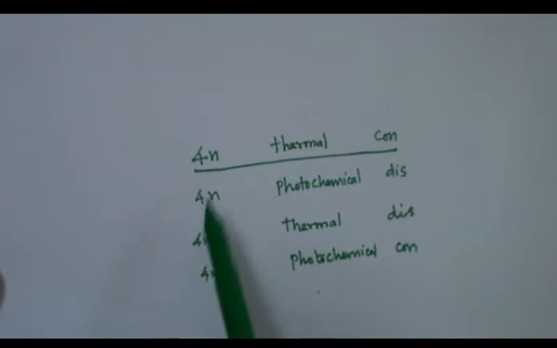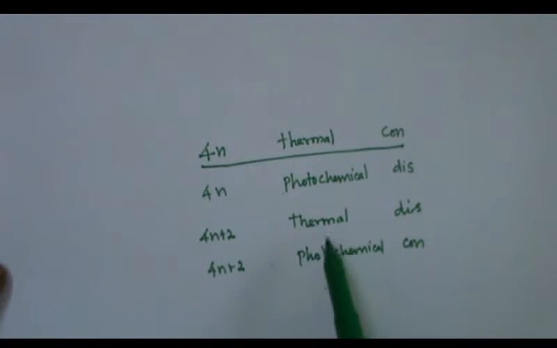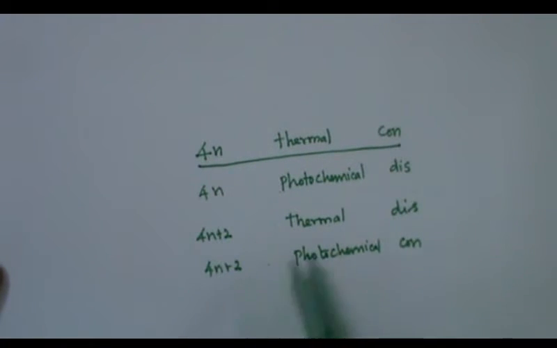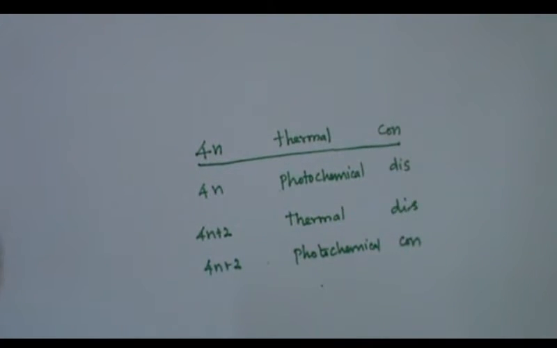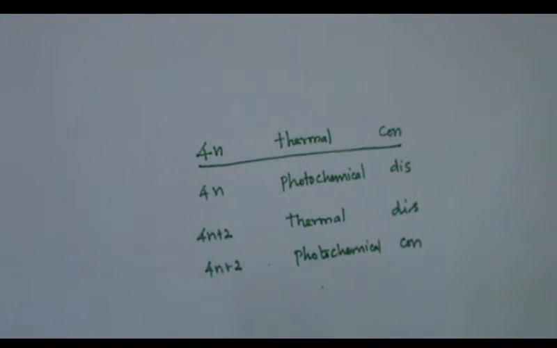Now 4N plus 2 system, since under thermal it is con for 4N, it should be dis. Now you can compare these two and find out whether it is conrotatory or disrotatory. If you memorize all 4, it will be confusing in the exam. So just remember only one and practice to write the other.